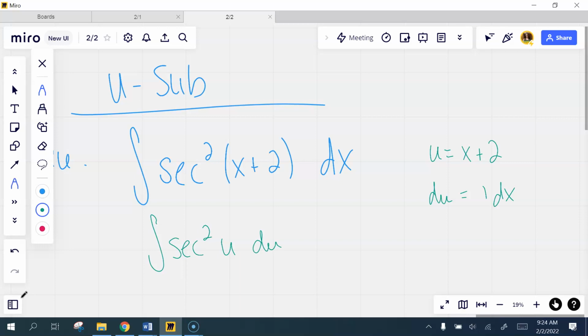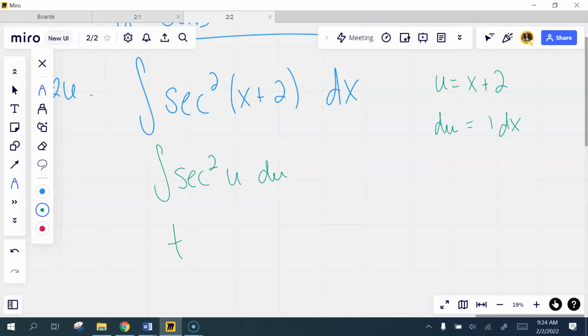What's the antiderivative of secant squared? It's just tan x, so I got tan u plus c, and then I just plug the u back in. Now you really have to understand this because we're going to do u substitution with definite integrals soon, and we'll have to adjust those bounds also.